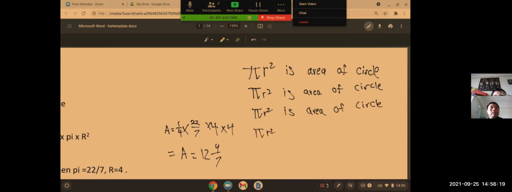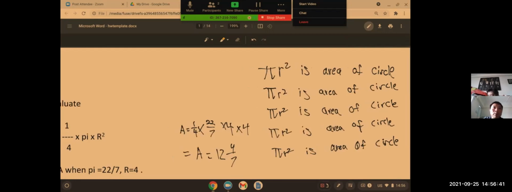Pi r square is area of circle. Nice. Okay, good. So with this understanding, can you go back to the question?